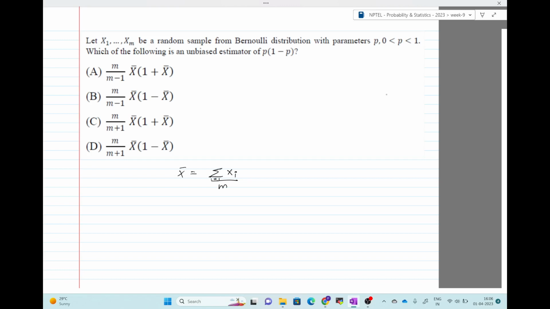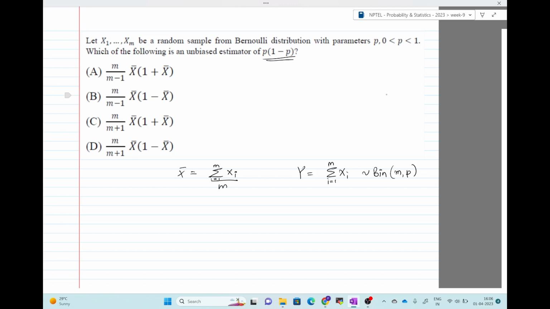We know that the sum of the Bernoulli variables, if I call it y, has a binomial distribution with parameters m and p, and we want to find the unbiased estimator of p into 1 minus p.